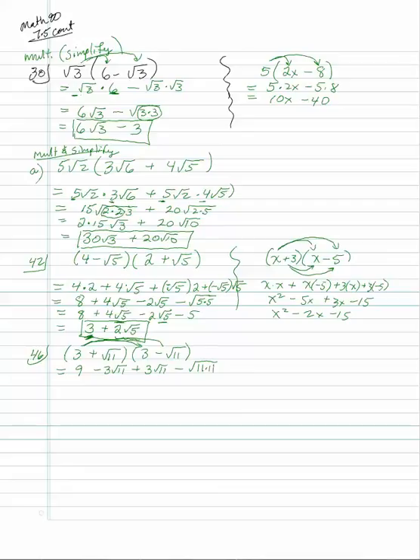You get two 11s inside. That makes one 11 outside. And notice the middle terms, they're like terms. So you got a negative 3 square root of 11 plus a positive 3 square root of 11. So those go away. And then square root of 11 squared is just 11. So we get negative 2.